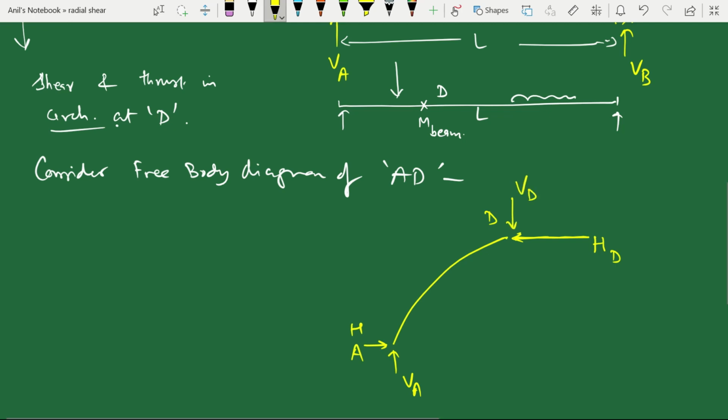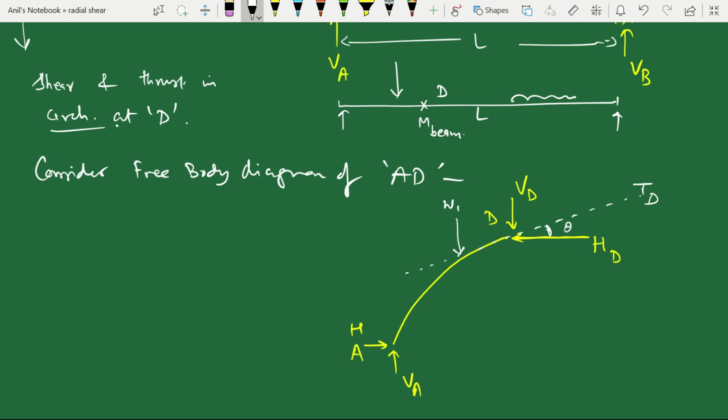If I draw a tangent at D to the curvature of the arch, say the angle of this tangent with horizontal is theta, and there can be some external load like W1 here.